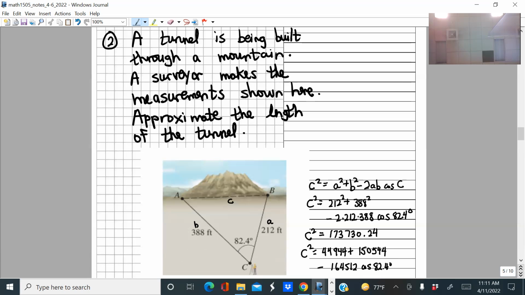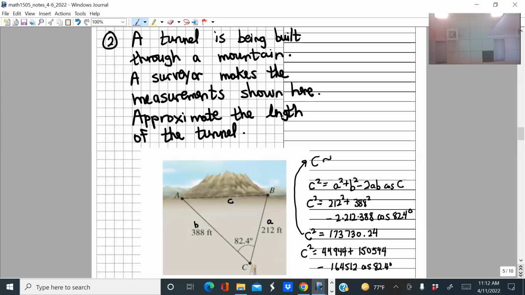Yeah, 173,730.24. That's what you will get when you add up these numbers. But that is C squared, right? So we want to take the square root of that, correct? So C is going to be the square root of 173,730.24 approximately.